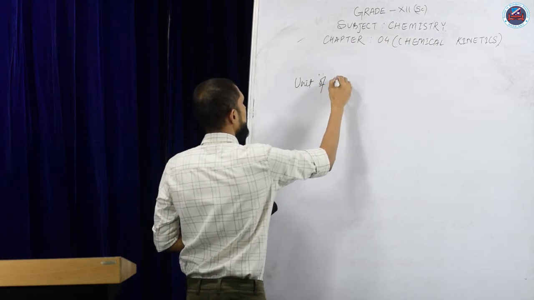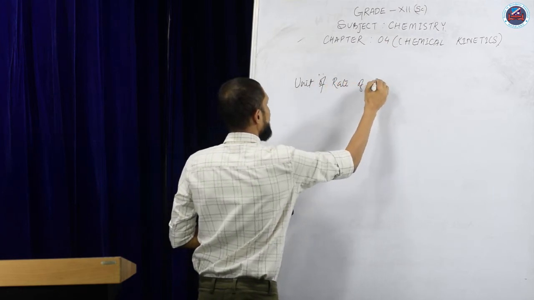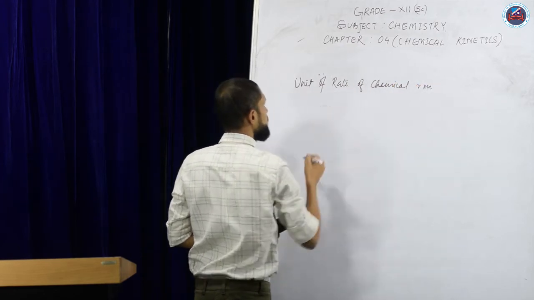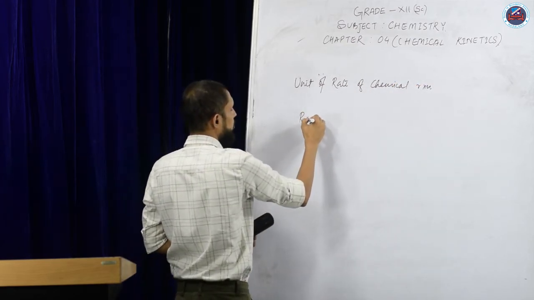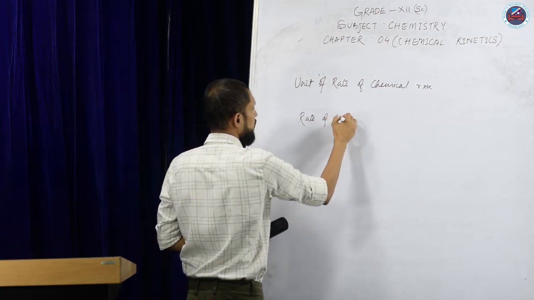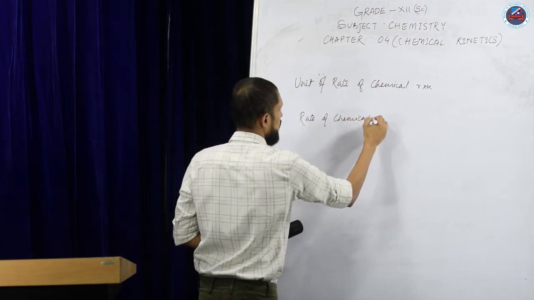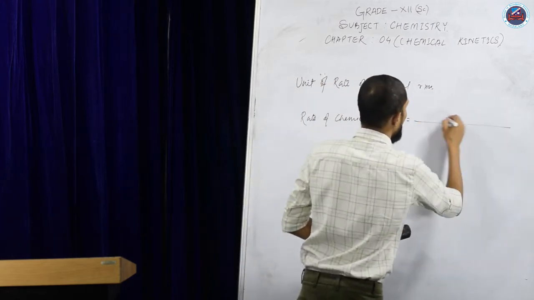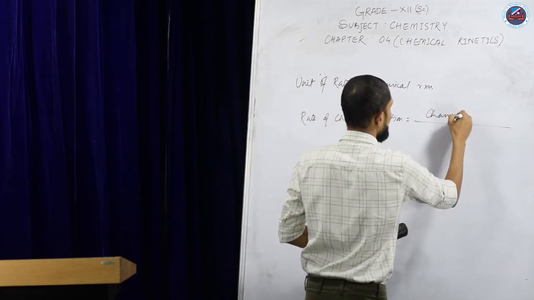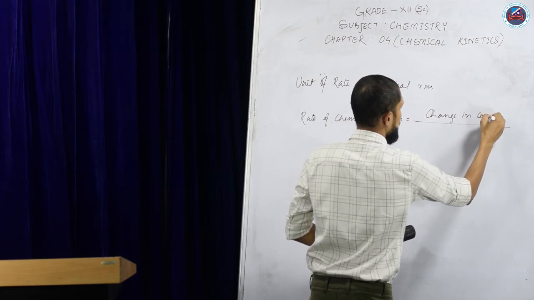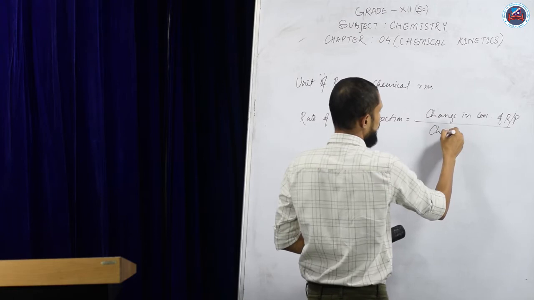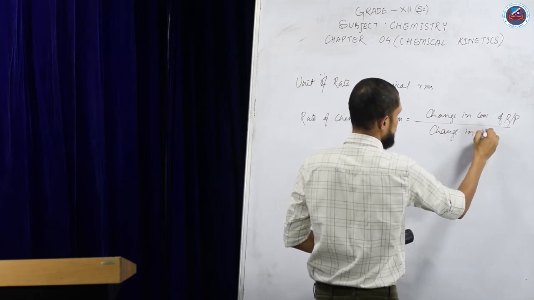Unit of rate of chemical reaction. So we know rate of chemical reaction is change in concentration of reactant or product by change in time.